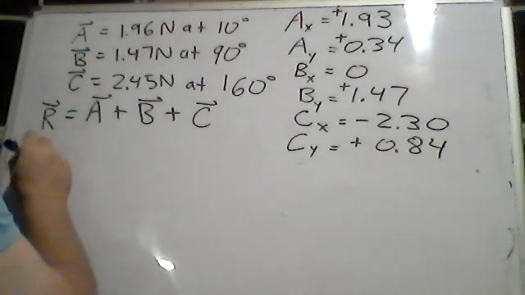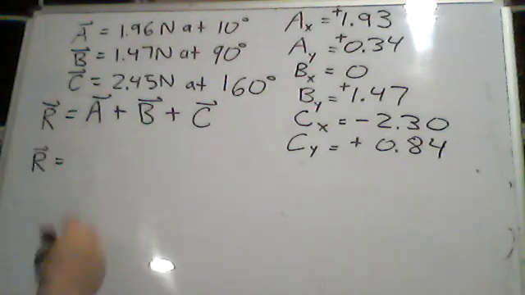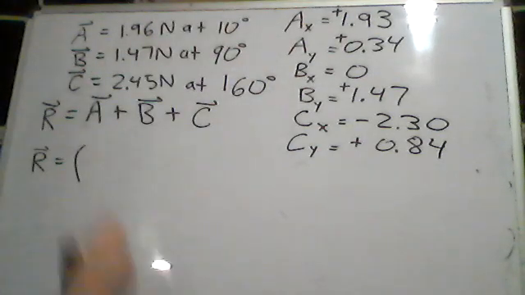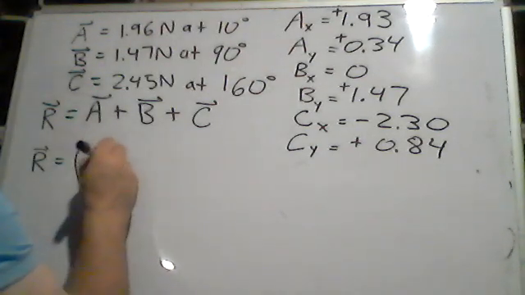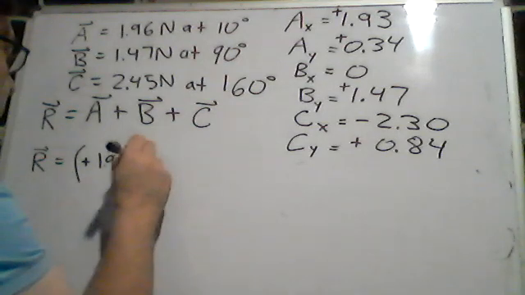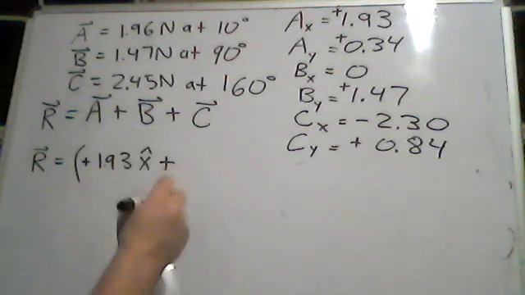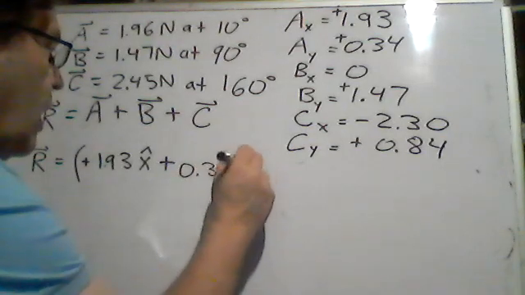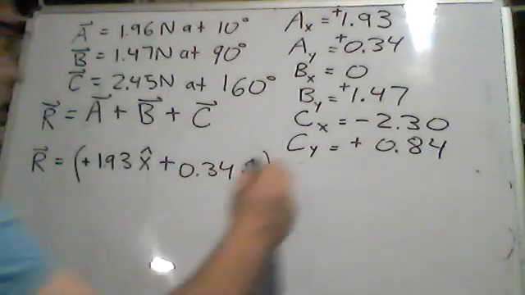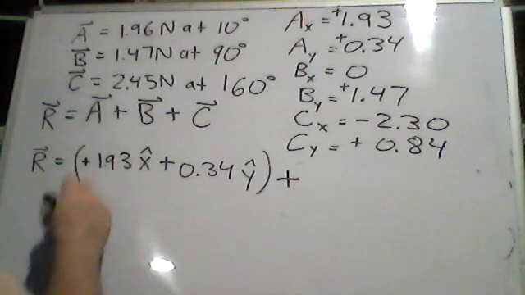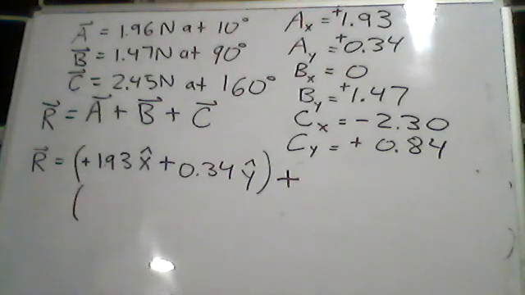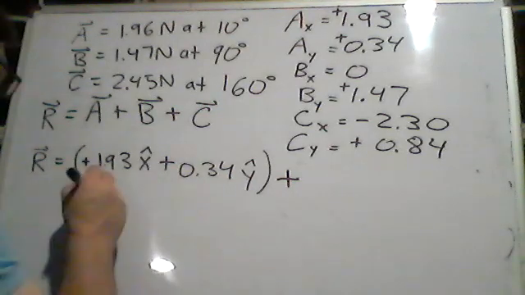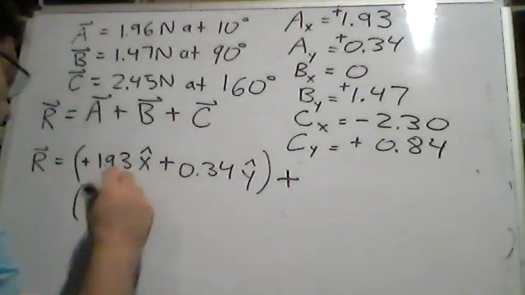So R is going to be A, expressed as x component, y component. So positive 1.93 x hat plus 0.34 y hat plus, what's B? Well, B is nice. I'm going to be very methodical here. It is 0 x hat.